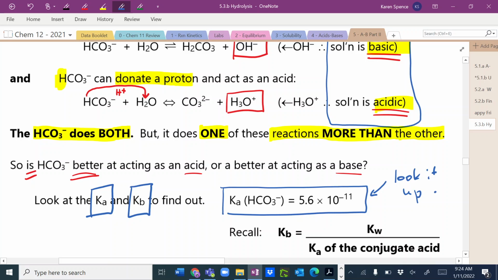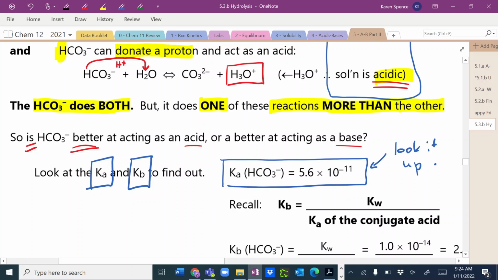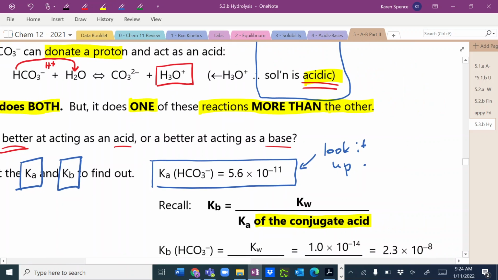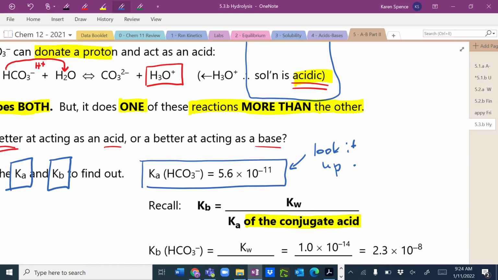Now you remember Kbs. We cannot just look up a Kb. We have to do the calculation where Kb is equal to Kw over Ka of the conjugate acid. Who is the conjugate acid of HCO3 minus?